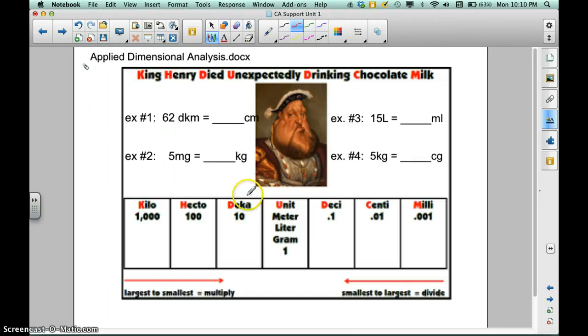So D for deca, we're putting 62 there, and we want to change that into centimeters. So here's where we're going to end up. Everything up to that point gets filled in with zeros. So centi is where we're stopping the zeros because we want centimeters.